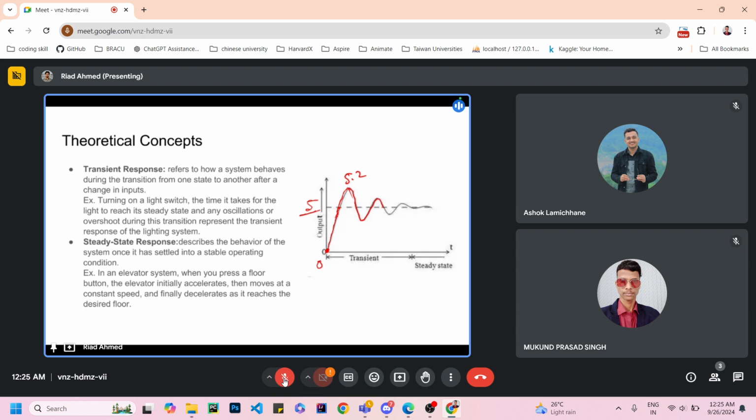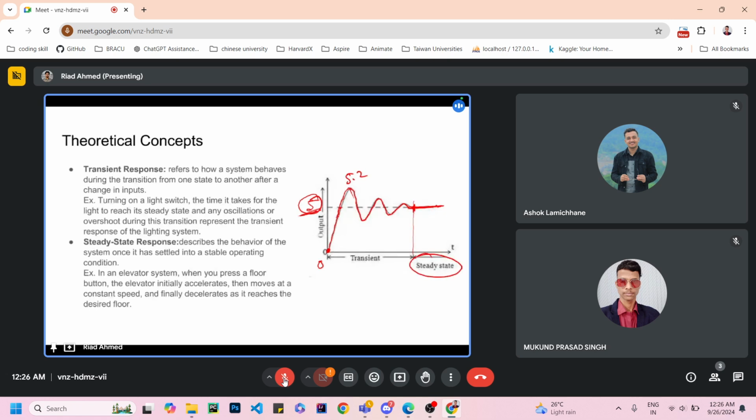In this way the ups and downs will happen, and eventually after a certain amount of time it will get saturated, and it will get the exact value, that is 5. So when you get the exact value that was required, that state is called steady state.